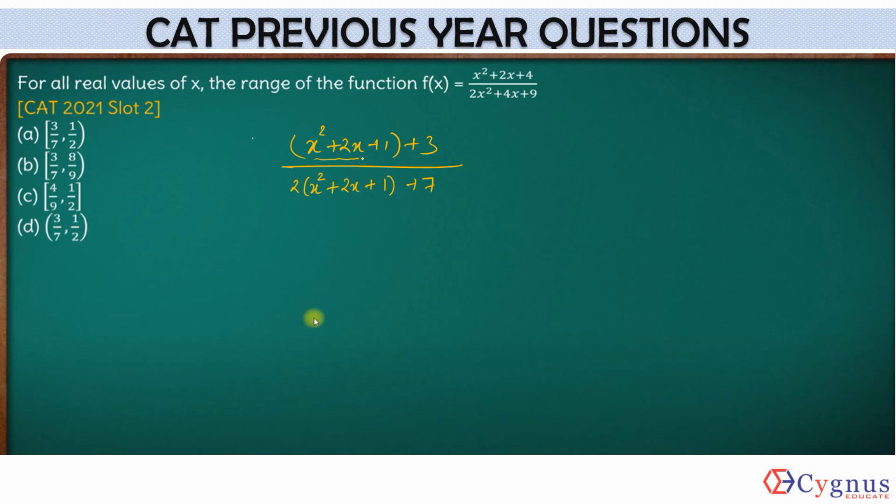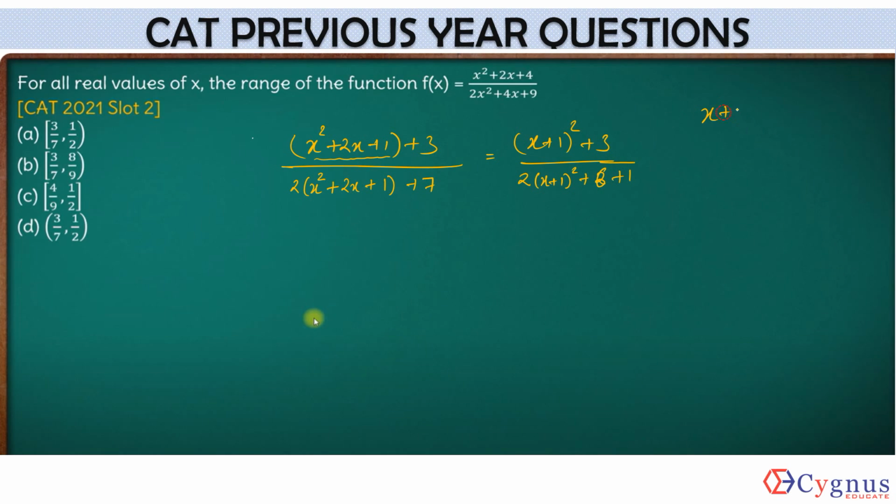Look at this term. This can be written equal to what? x plus 1 whole square plus 3. And if you look at the denominator, it's like 2 times of x plus 1 whole square plus 7. Can we write it like this? Plus, let's say, 6 plus 1.